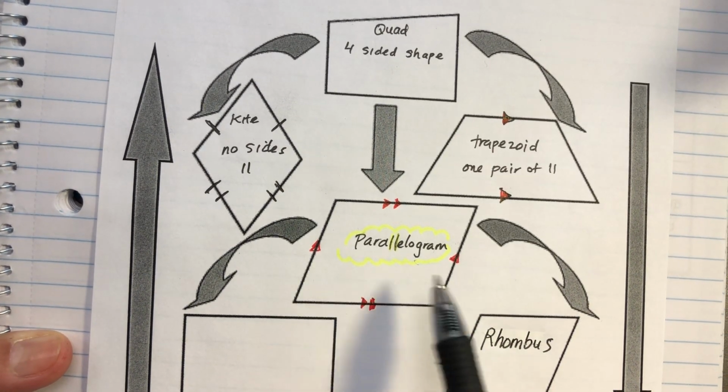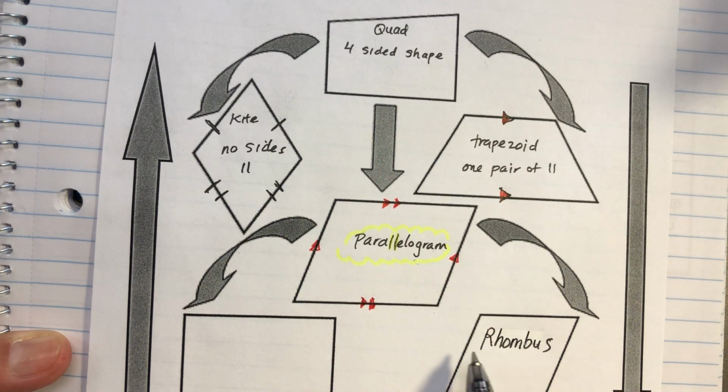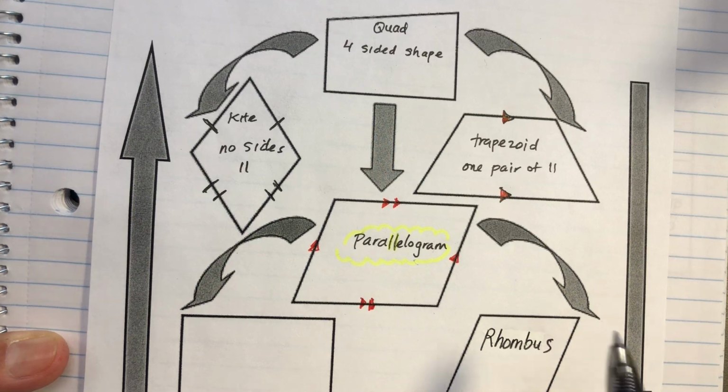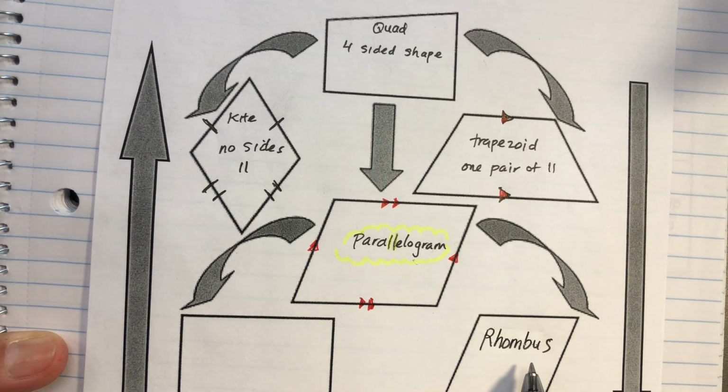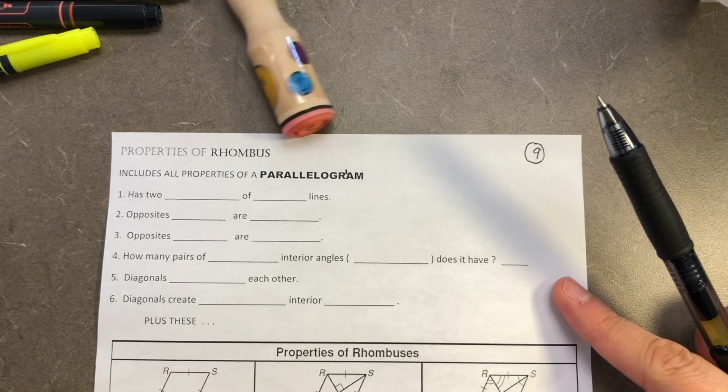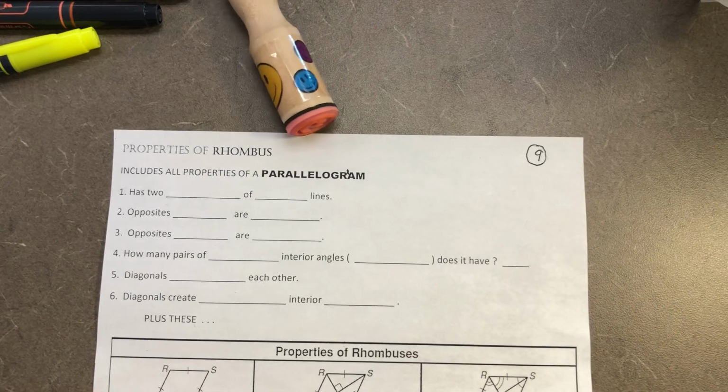This would be the mom and this would be the son. It has some characteristics that come from the family member. So the 6 characteristics you see listed come from a parallelogram into this rhombus. I'm going to walk you through those properties.